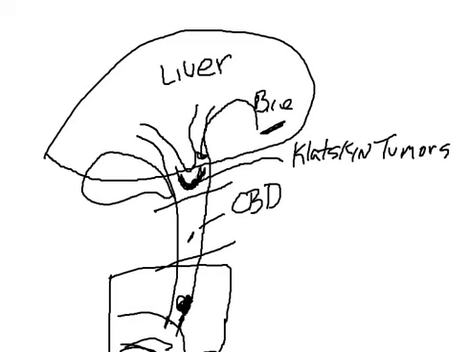The name of these tumors, they are an adenocarcinoma, and we typically call them a cholangiocarcinoma. And these tumors are difficult tumors to treat because patients present with a blockage in this area and then develop jaundice, sometimes late in the course of the disease.